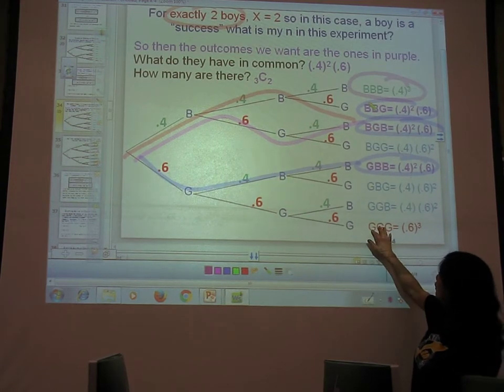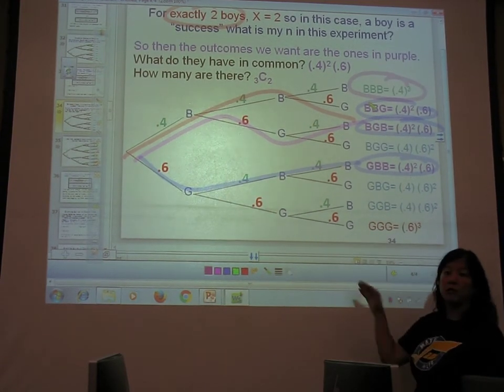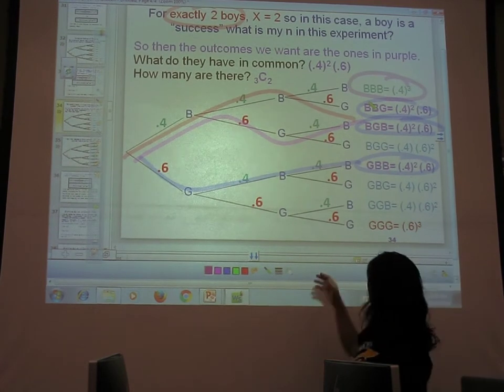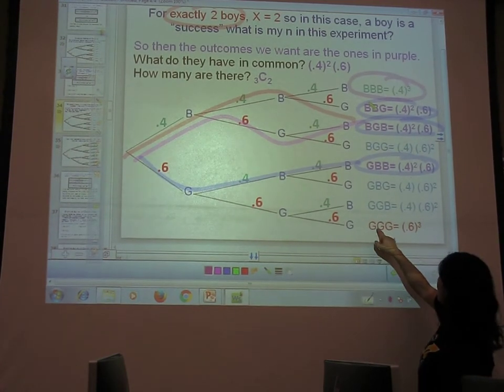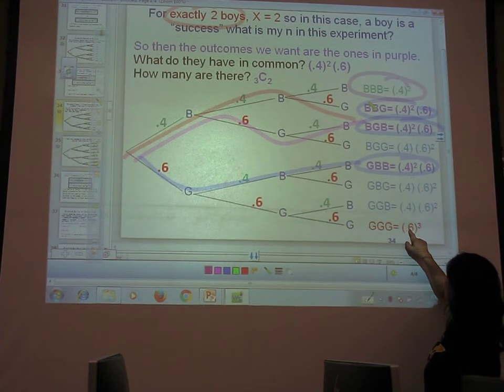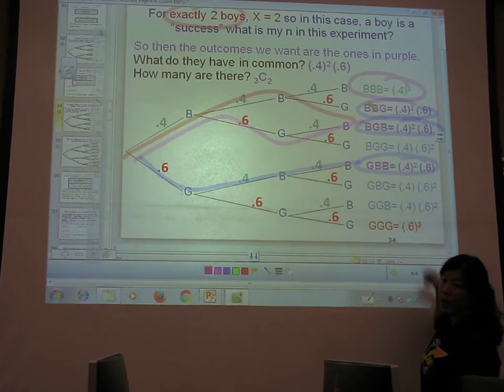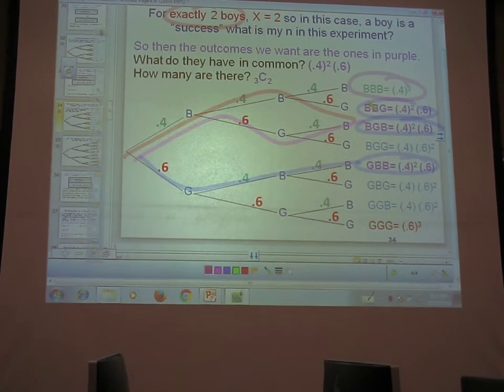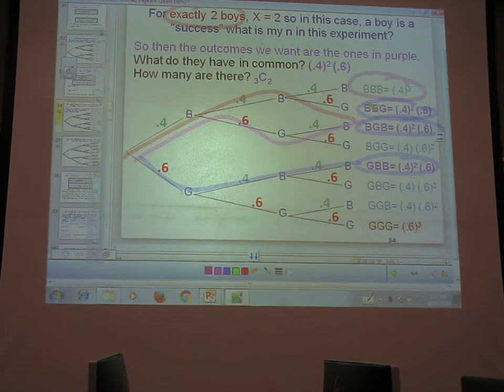But the all or the none, super easy. You just take the probability of none, of not one, and raise it to the power of how many you have. So that's the simplest.